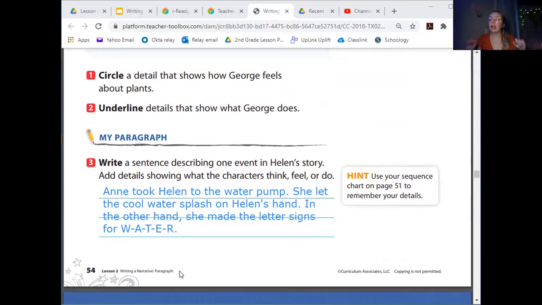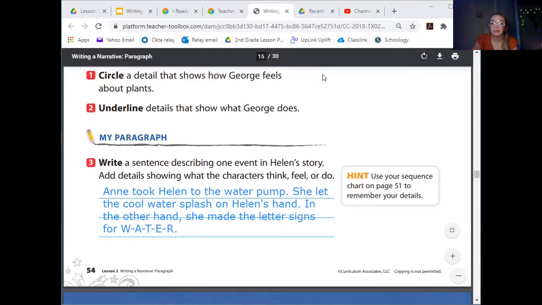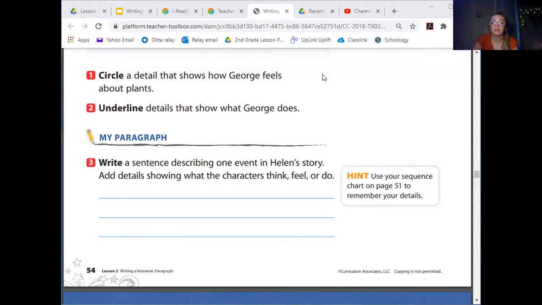So before we go any farther, if you want to go edit your middle on page 54, pause your video right now and go ahead and do that. Remember that it should include details about what the characters think, feel, or do. Okay? All right, and when you're done with that, come back and let me clear my annotations.